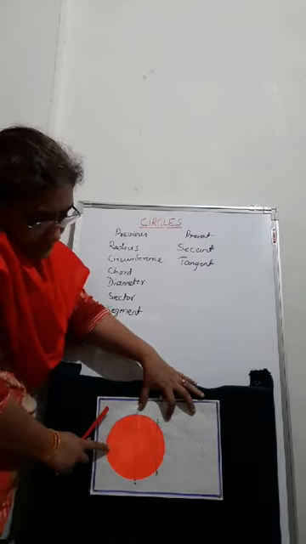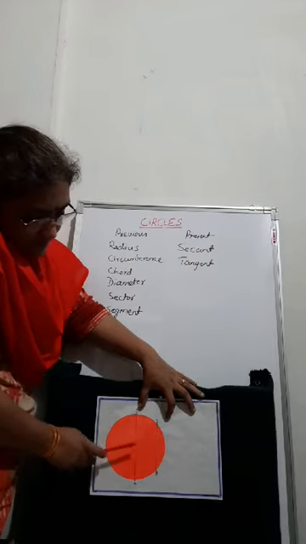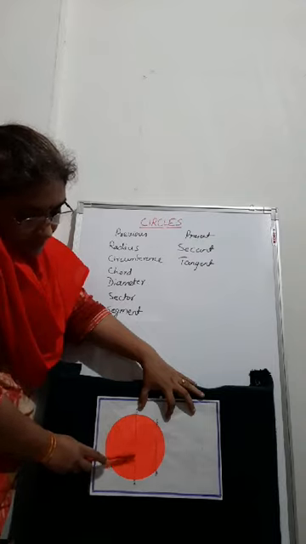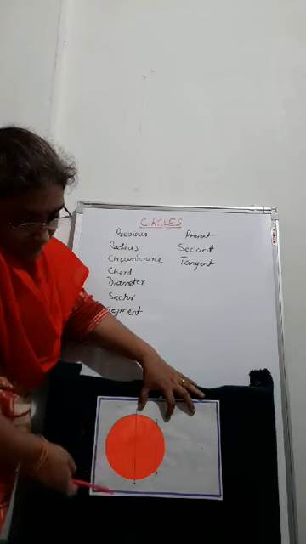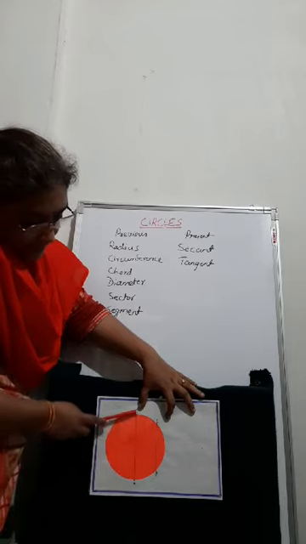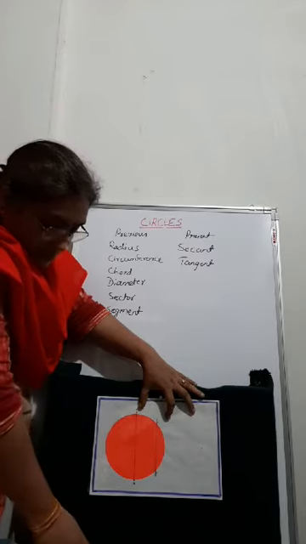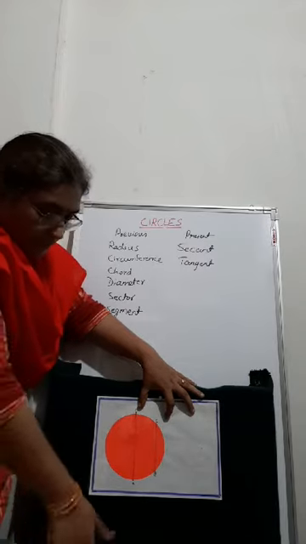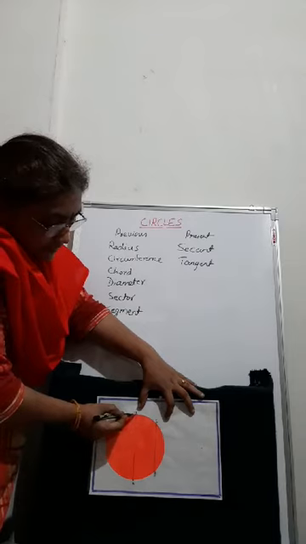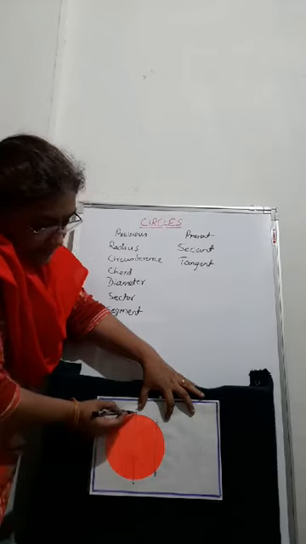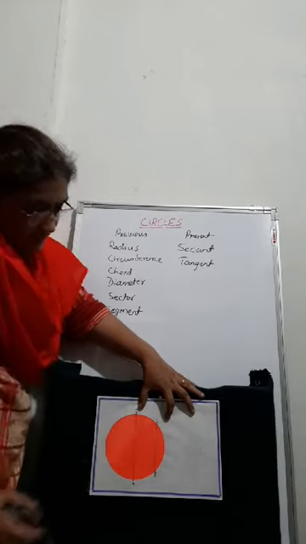Again I will slide this and see here it goes through the center point of the circle. When it goes through the center point of the circle, I have marked here one point, another point here. So at these 2 points, the circle touches the circumference.